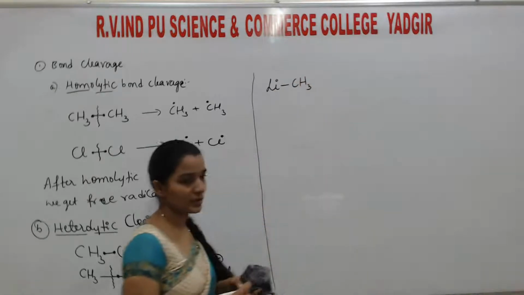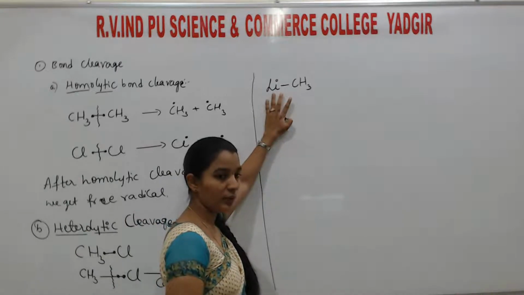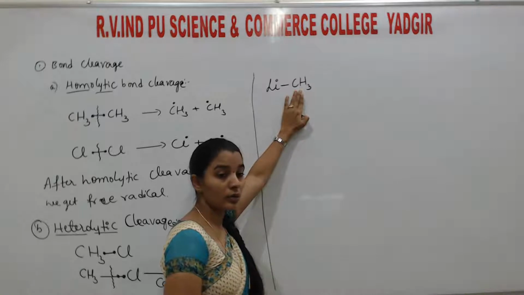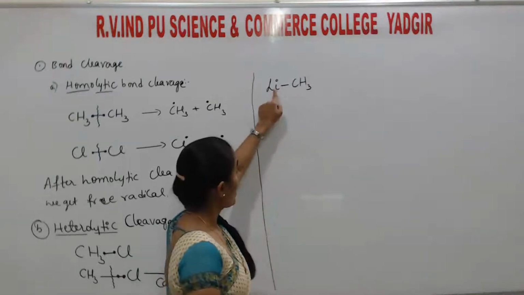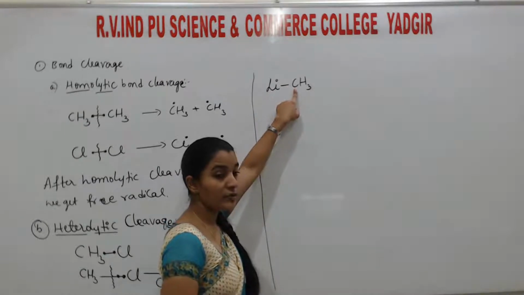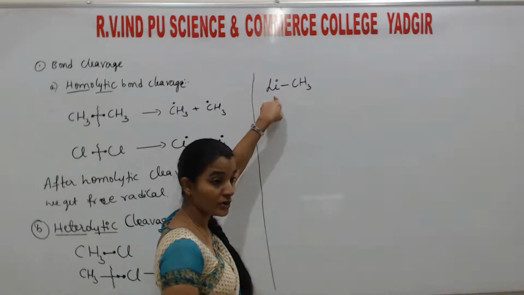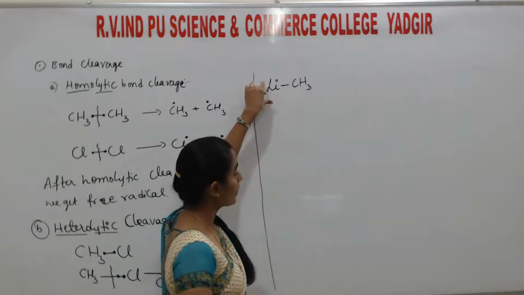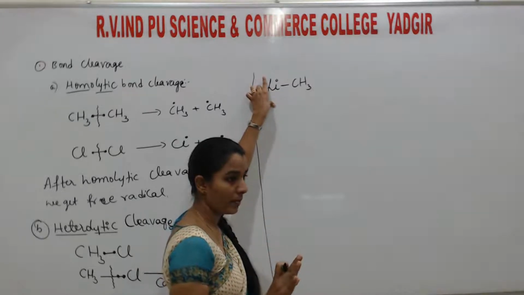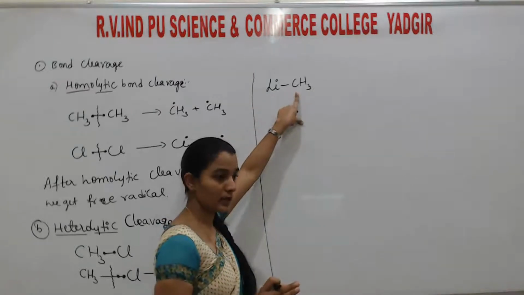Both are the same. Students, this is the first group element, lithium. This is the 14th group element, carbon. Comparing the two, this is a metal, this is a non-metal. Non-metals are highly electronegative. Metals are highly electropositive. You know that metals always carry a positive charge. So this one is getting plus, this one is getting minus.